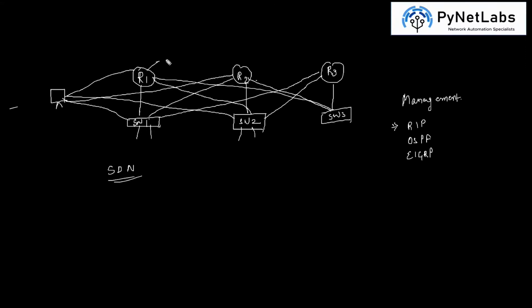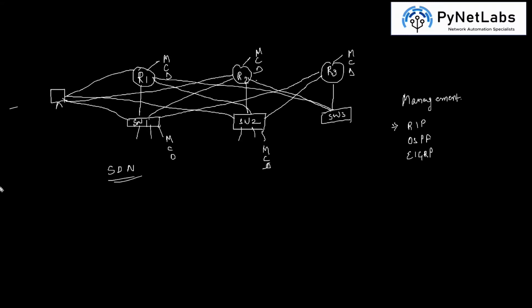So there will be management, control, and data plane on router 1, then on router 2, similarly on router 3, then on switch 1, then on switch 2, and on all other devices in the network.